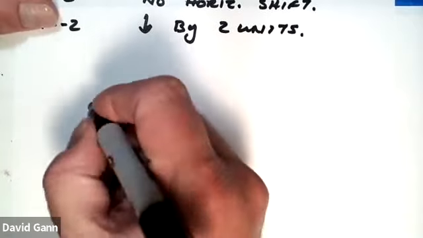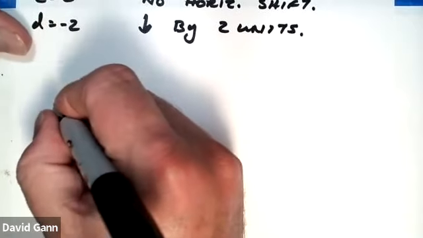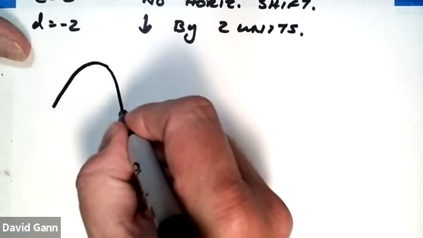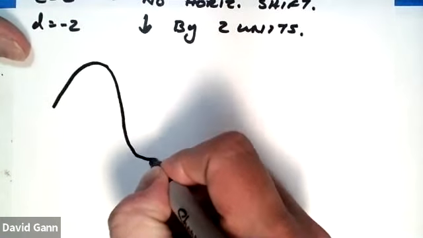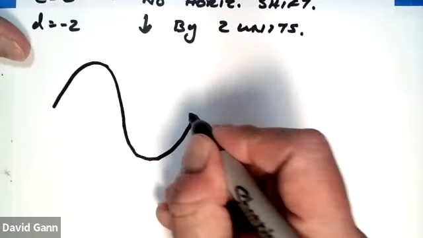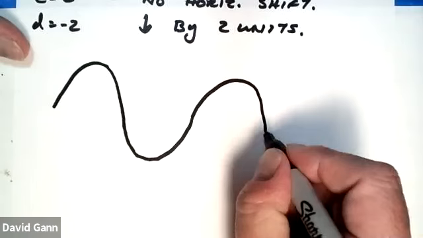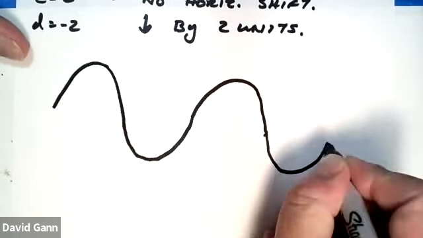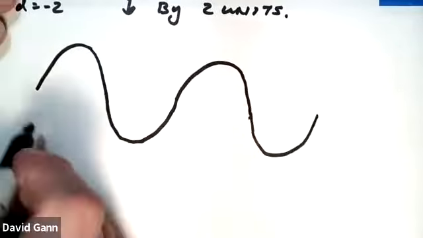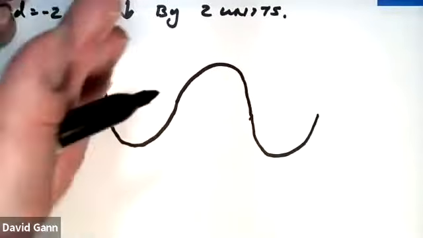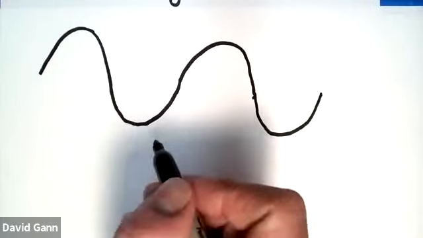Okay, so again, as I suggested, let's just draw a cosine function. Draw a couple periods here. Now we're not going to draw the x-axis, because we're shifted off the x-axis.